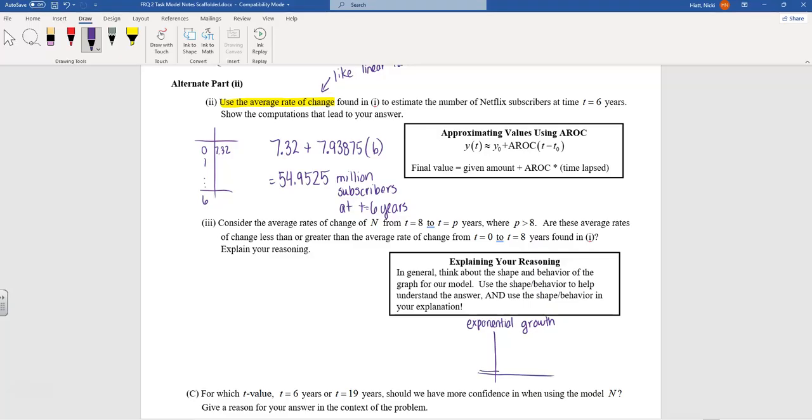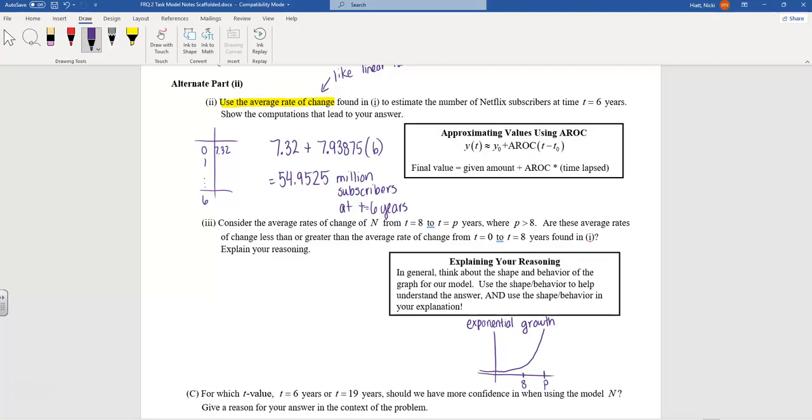It's going to start off slow at first, and then it shoots up. Let's say this right here is our 8. It doesn't really matter where you put that 8. And then it tells us we got another letter p where p is greater than 8. So p is somewhere over here. p is a bigger number. We don't know what number it is, but it's a bigger number.